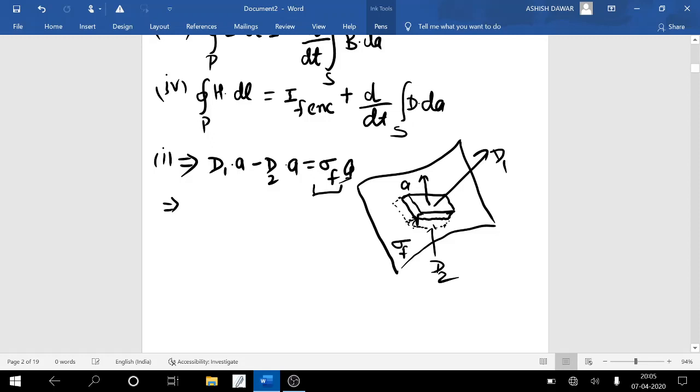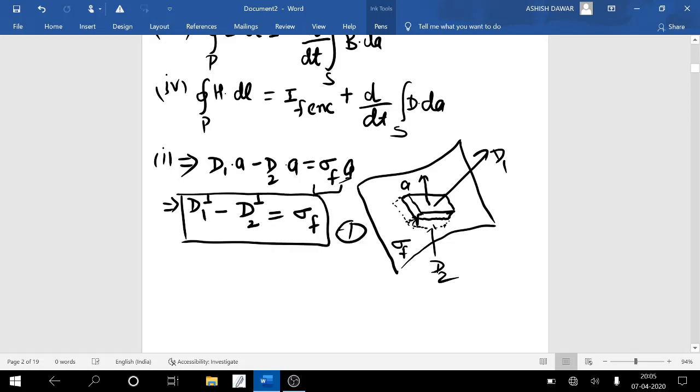And the edge of the wafer contributes nothing as the thickness goes to 0. So only the component perpendicular to the interface is discontinuous, that is D1 perpendicular minus D2 perpendicular equals sigma f. So D is discontinuous. This is our first boundary condition.